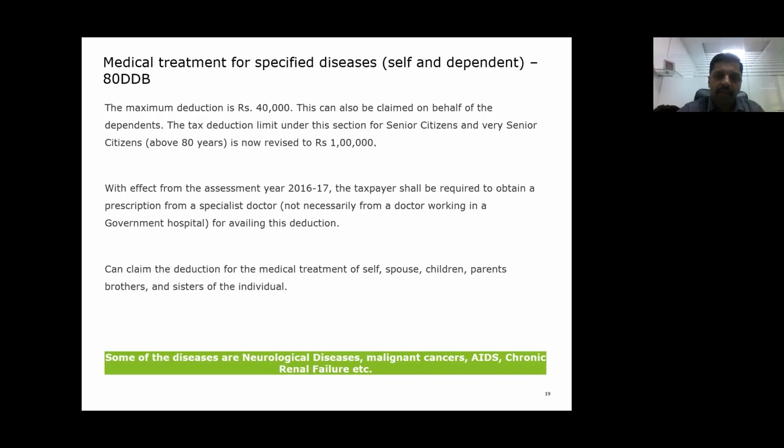From 16-17 onwards, the taxpayer is required to obtain a prescription from the specialist doctor who certifies that he is suffering from that specified disease, and will mention certain particulars which are required as per the rules, and only then can the employee claim this deduction. So as an employer, please ask for the doctor's certificate and then provide this deduction.